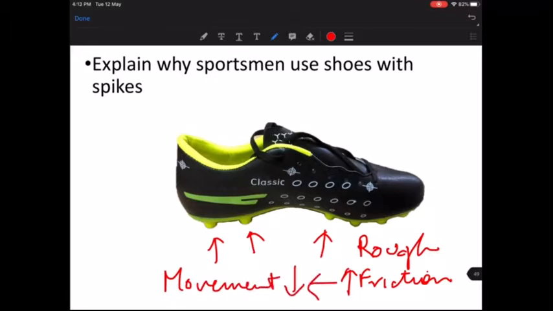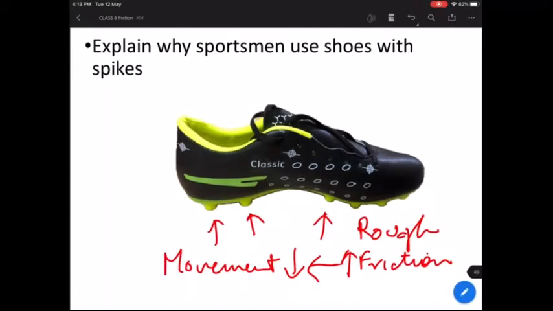So when your movement is less, you will be able to have a good grip of the ground, of the football ground. So that's why you would want those spikes to be present in your shoes. You can't play in your slippers, which are much smoother as compared to these shoes with spikes.